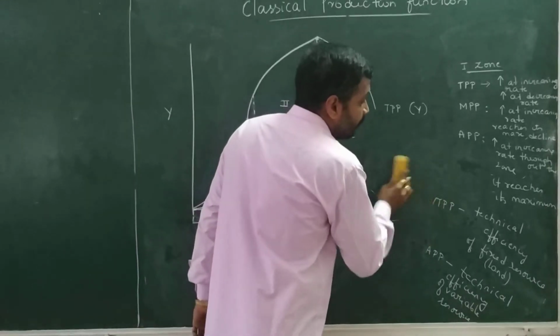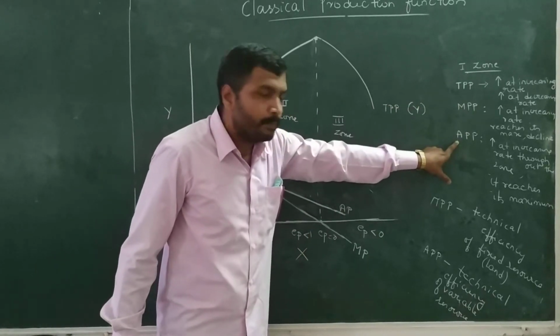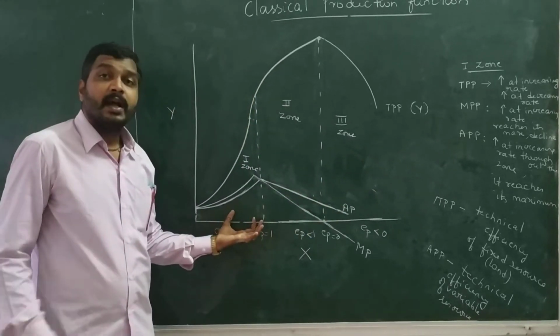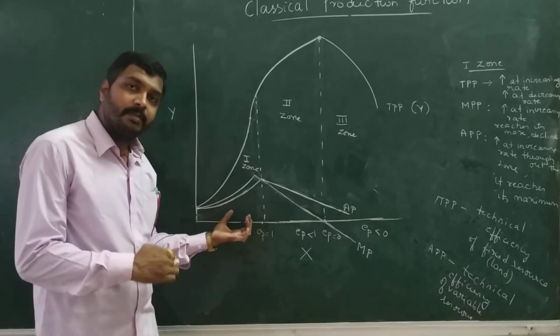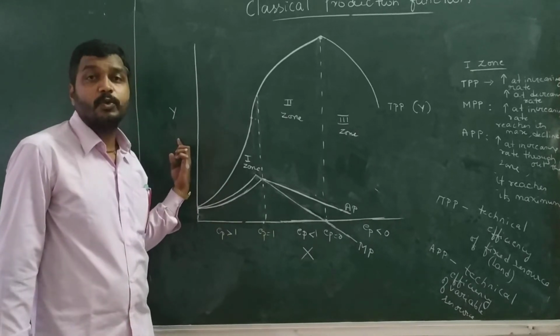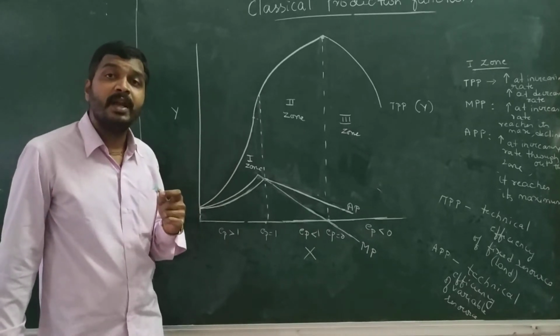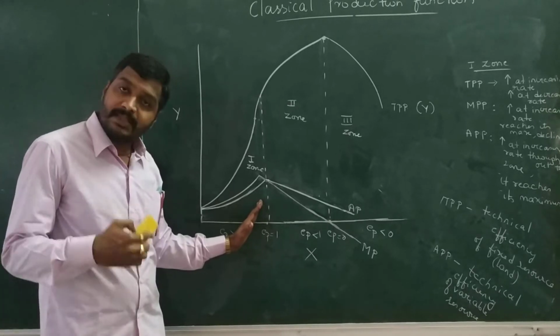Now in the case of the first zone, as TPP and APP are both increasing, it clearly indicates that the potential of the variable resource as well as the fixed resource still remains untapped. That means the farmer should not stop production in this particular zone.